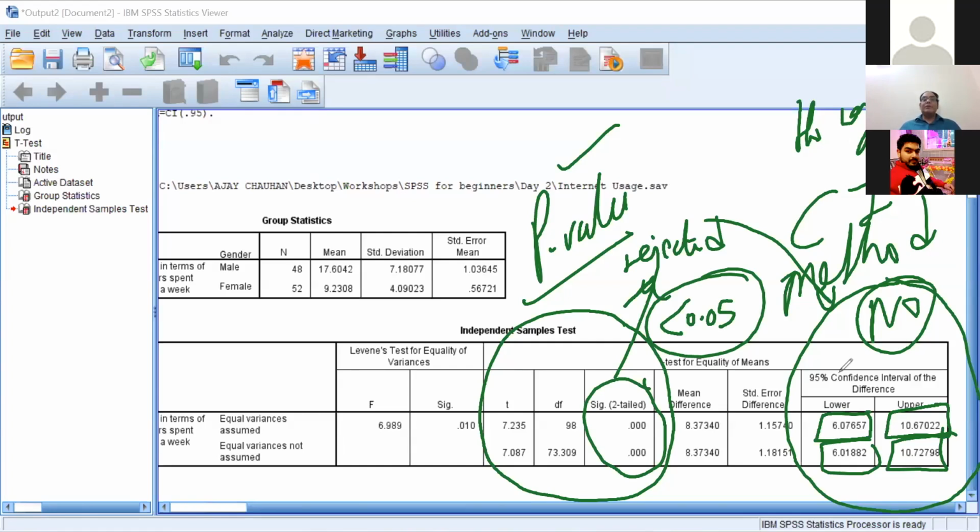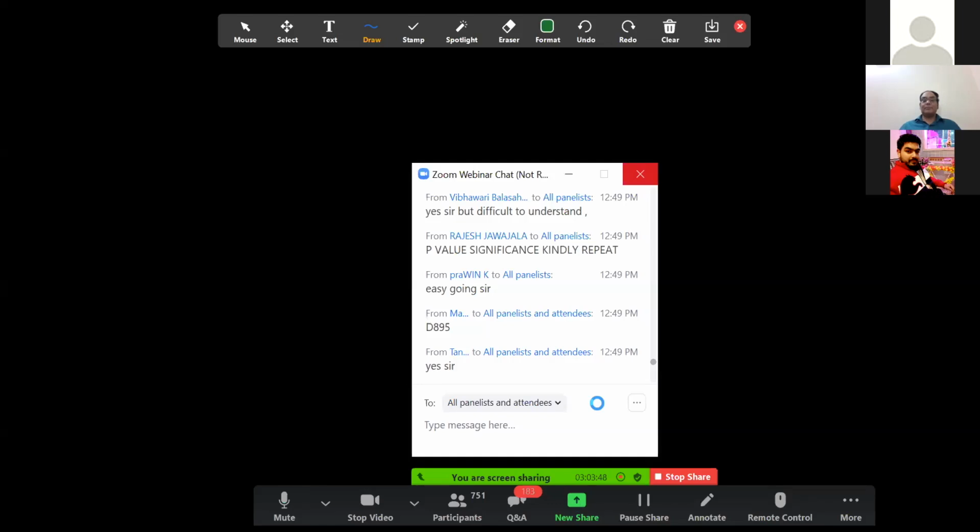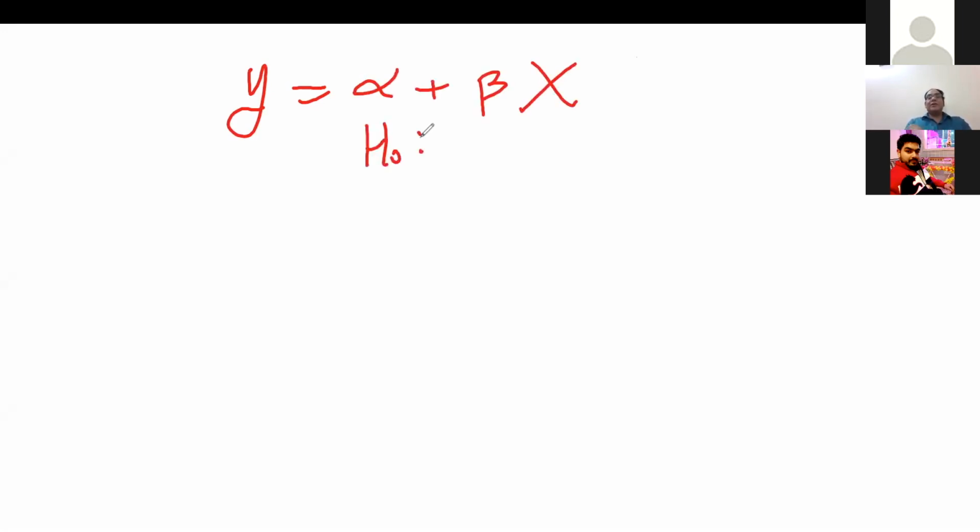Okay, now I am asking you a question with the help of some more examples. One more last example. Suppose I am taking the example from the regression model. Y is equal to alpha plus beta into x, and my null hypothesis is that beta is equal to 0.